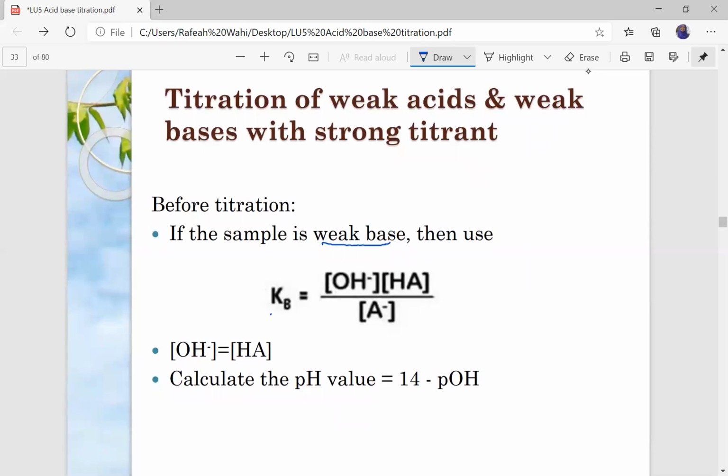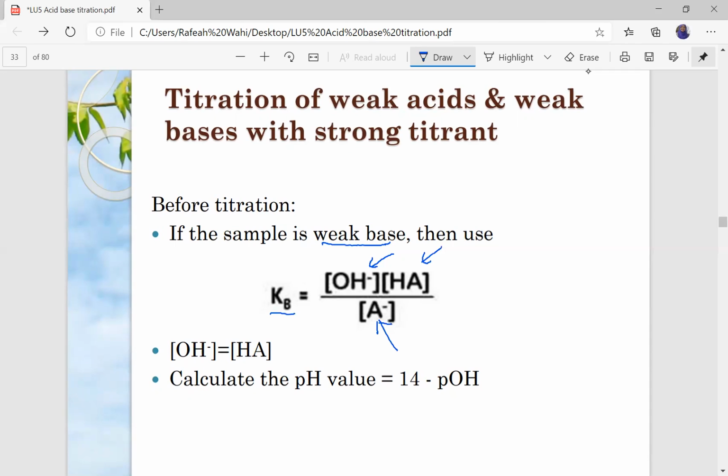You need to use Kb to calculate the hydroxide ion concentration. So Kb is equal to the concentration of hydroxide ion times the concentration of conjugate acid divided by the concentration of weak base. Okay.